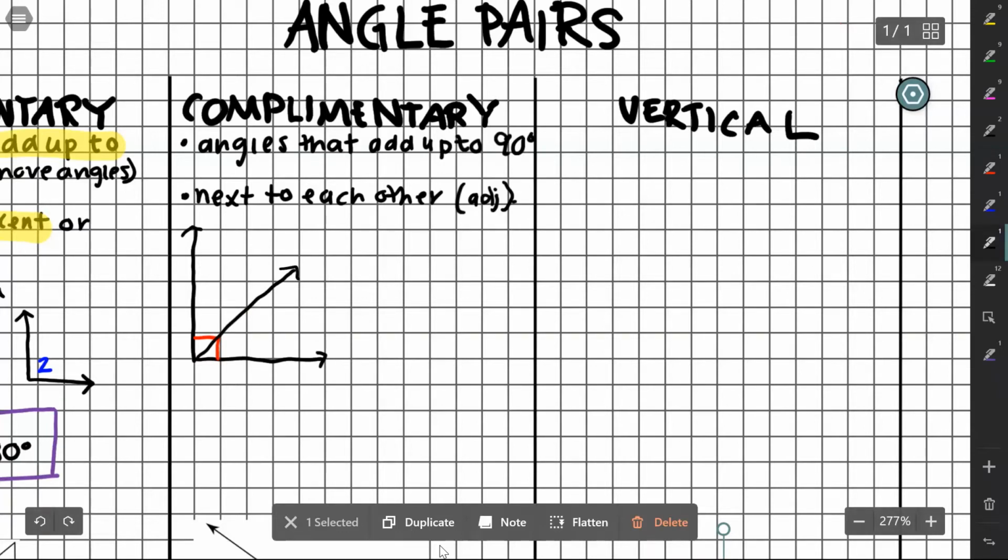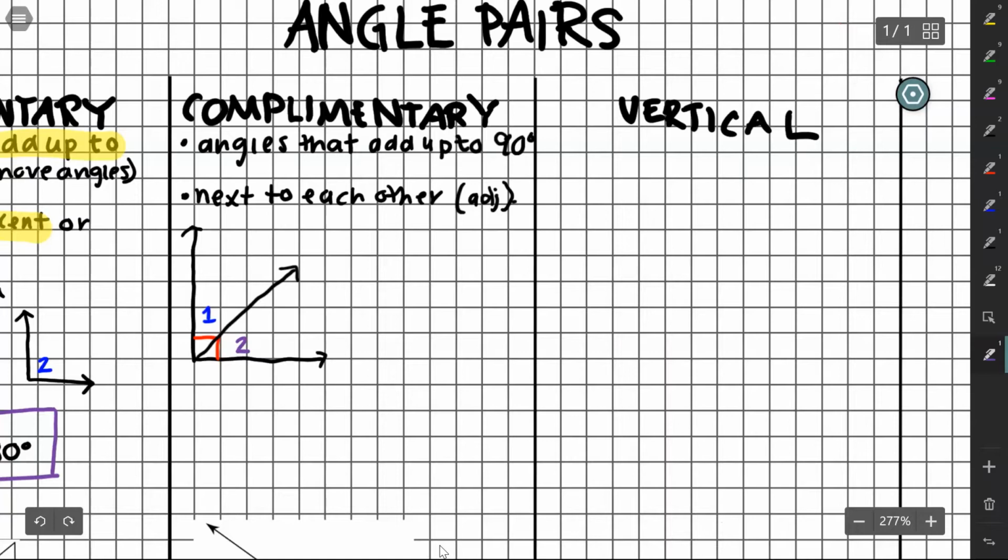And if I split that into two angles, I'm going to label this angle 1 and angle 2. That means they're complementary. So angle 1 plus angle 2 equals 90 degrees. So it's 90 instead of 180 for complementary.